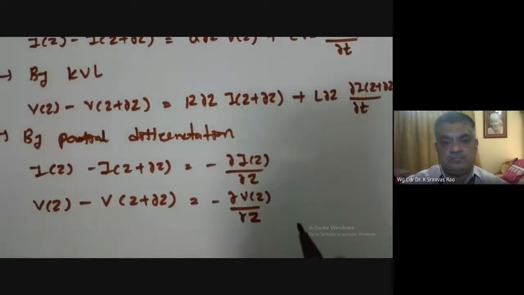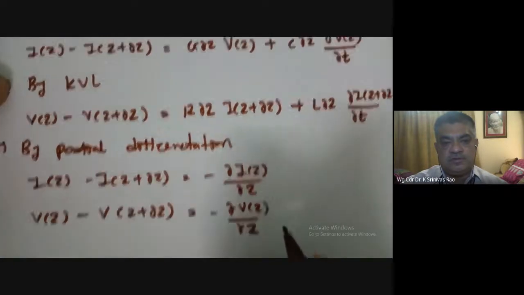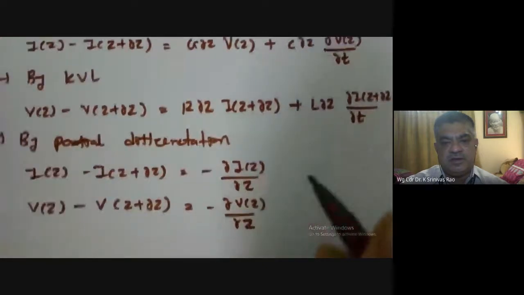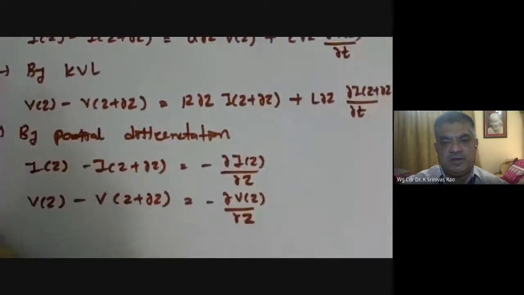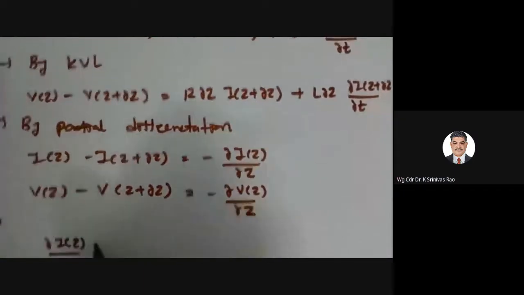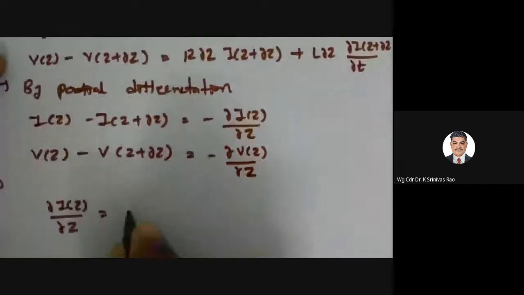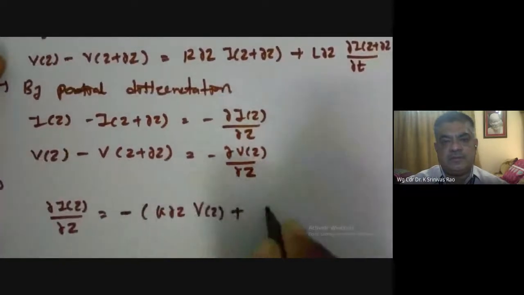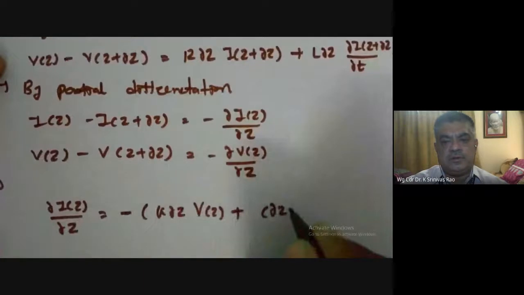Now we are going to use this formula and substitute in these two equations, and simplify to calculate the further equations. Now ∂I(z)/∂z is equal to minus of G Δz V(z) plus C Δz ∂V(z)/∂t.